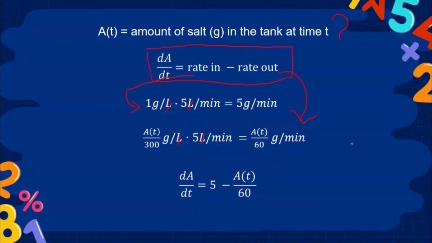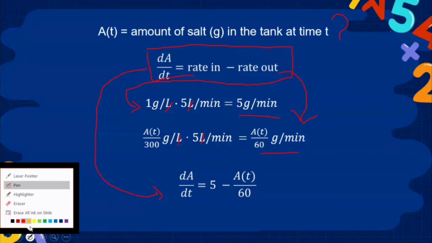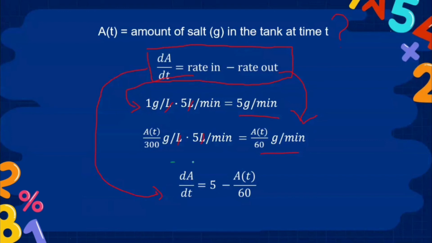So we are done finding our rate in and rate out values. We just have to plug these values into our differential equation, and this is what we get after finding these two.